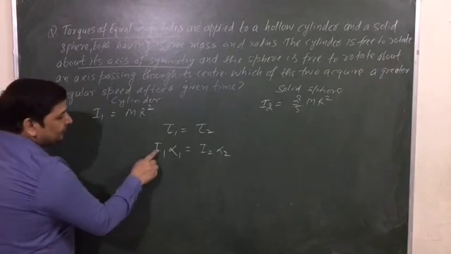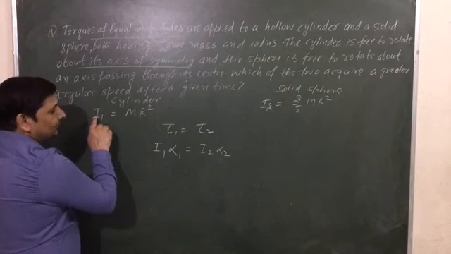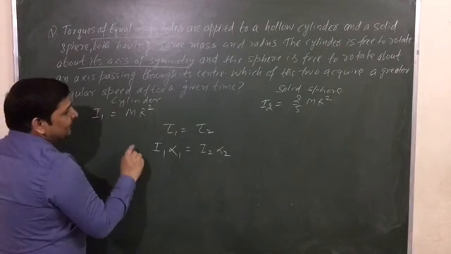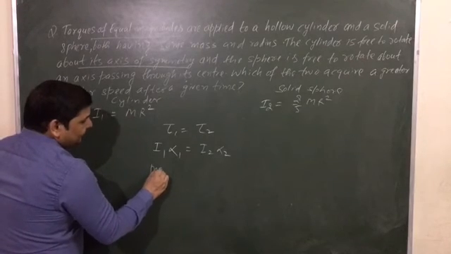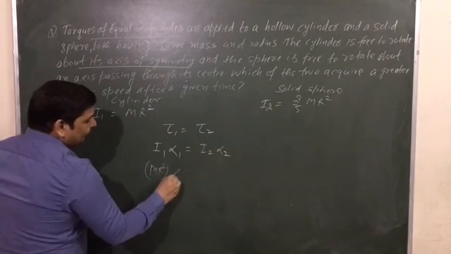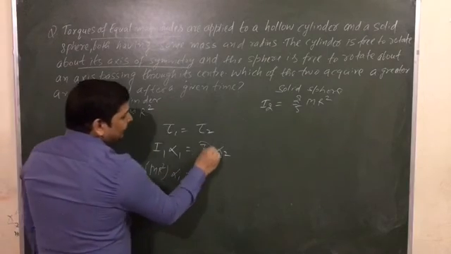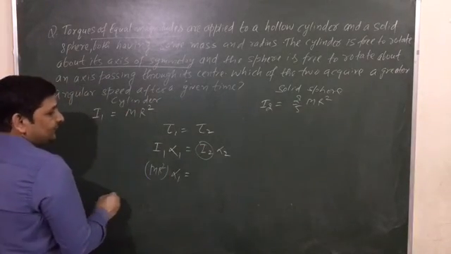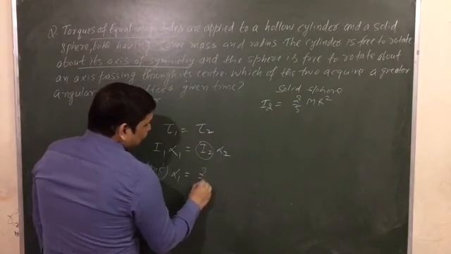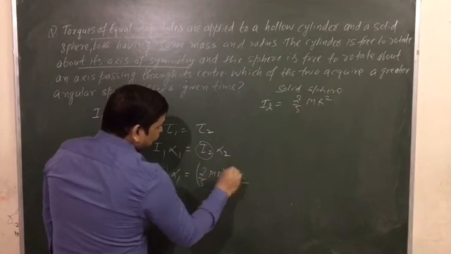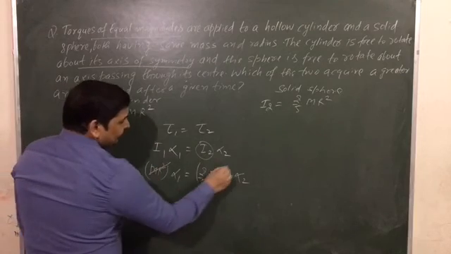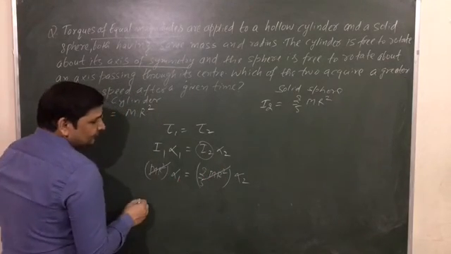We know that I1, the moment of inertia of the hollow cylinder, is mr square, with alpha 1 as it is. I2 is the moment of inertia of the solid sphere, which is 2 by 5 mr square, with alpha 2 as it is. mr square cancels out.